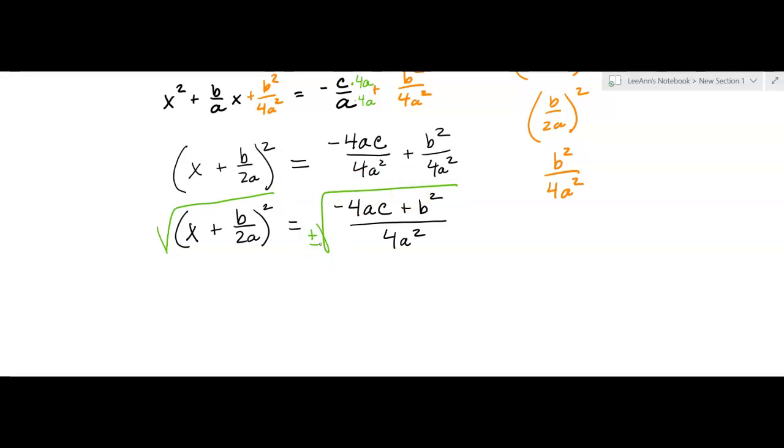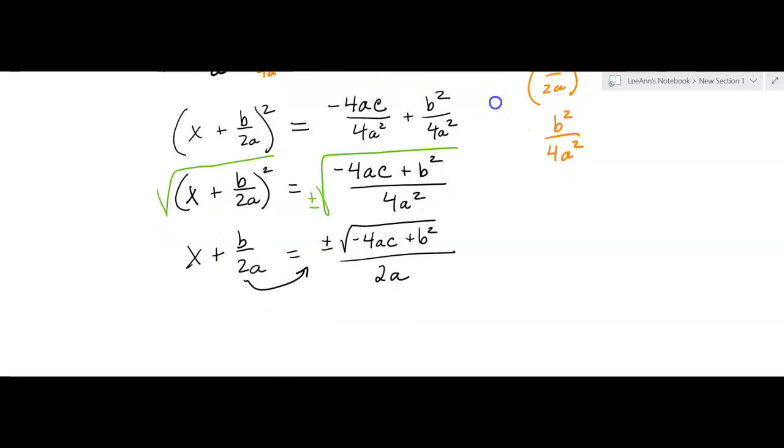And then on the left, I'm going to get x plus b over 2a equals plus or minus the square root of negative 4ac plus b squared over, and then I'm going to take the square root of the denominator, which is 2a.